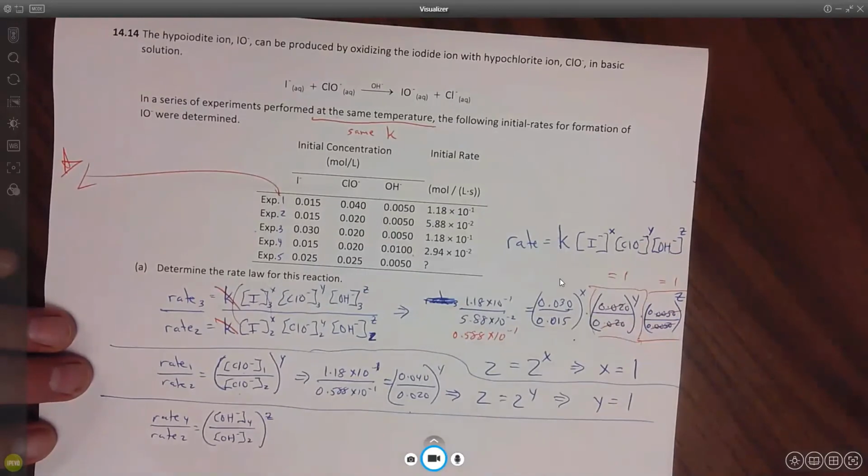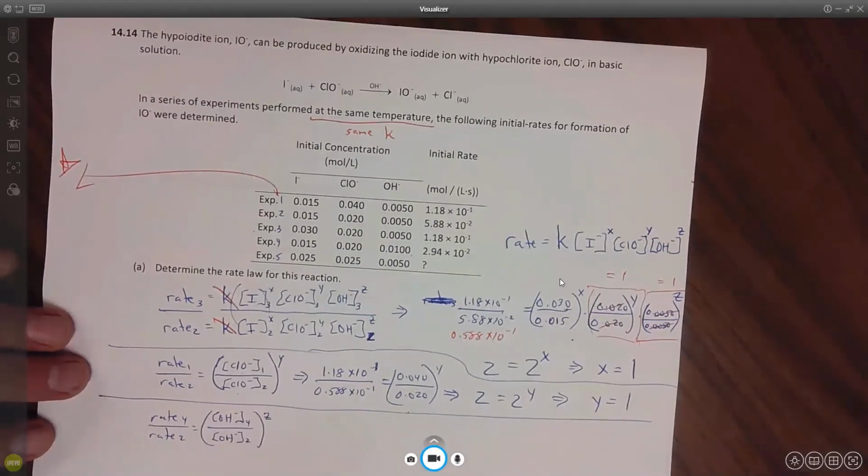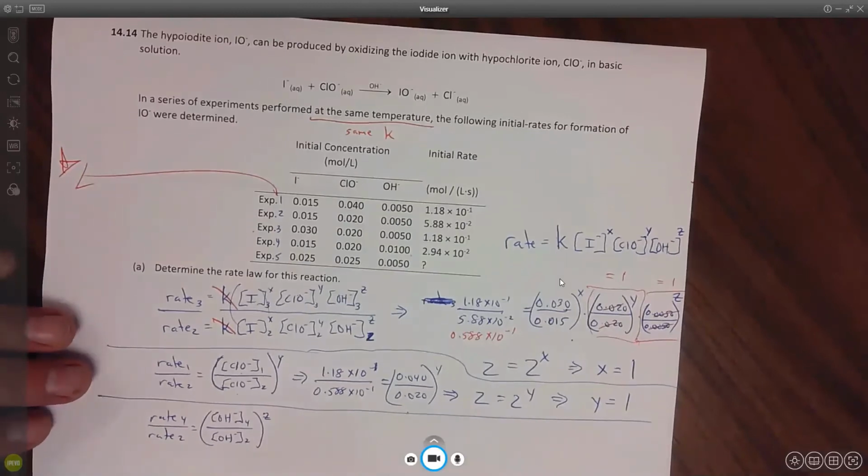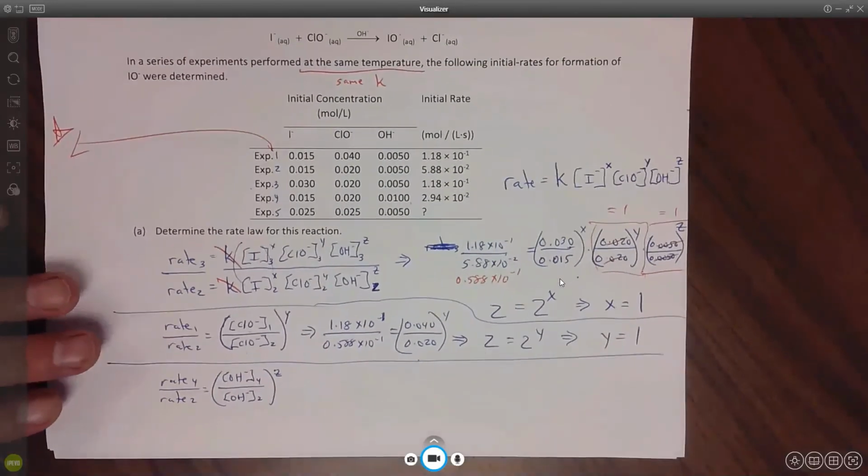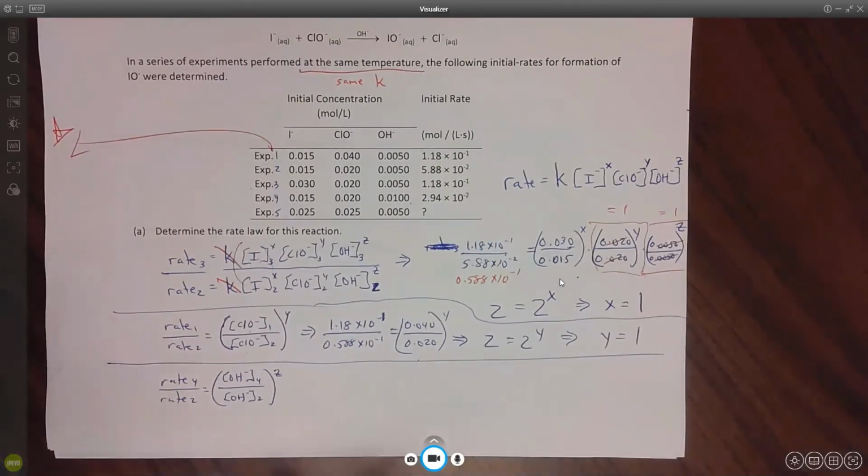Now, as you're going to see, you can't always get away from it. You're going to have to deal with fractions and exponents. But sometimes you can avoid it, and I usually do that by simply putting a higher concentration on top and the lower concentration on the bottom. Or you can put the higher rate on top and the lower rate on the bottom. It doesn't matter, whichever you choose. Again, I generally don't care how you solve problems as long as it's correct and it makes sense.